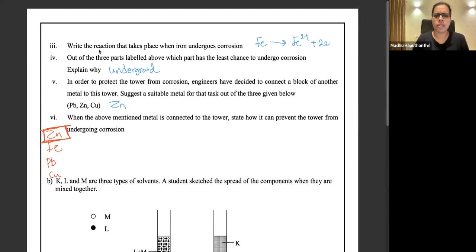The anodic protection means Fe is selected as the anode. How have you learned the anodic protection? In the anodic protection, which one is taken as the anode? Iron or the other metal?